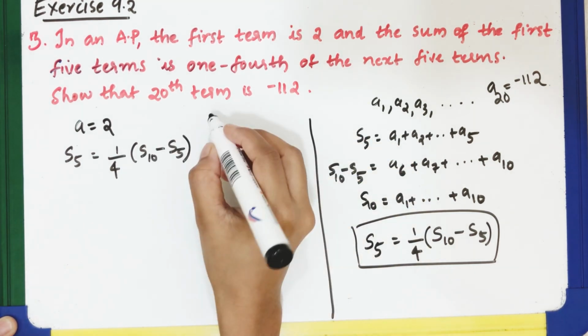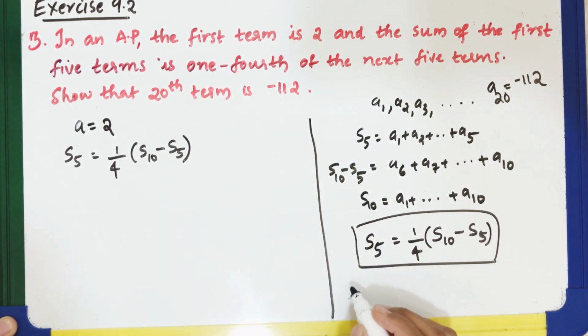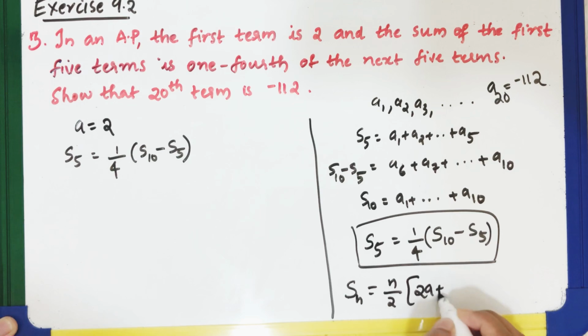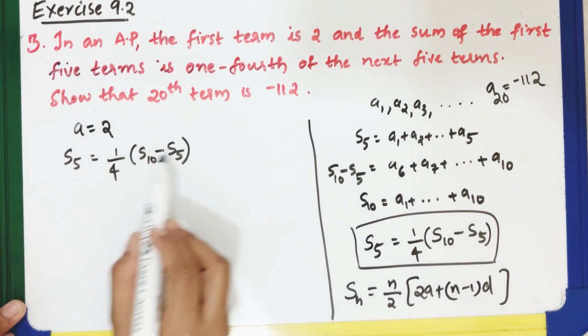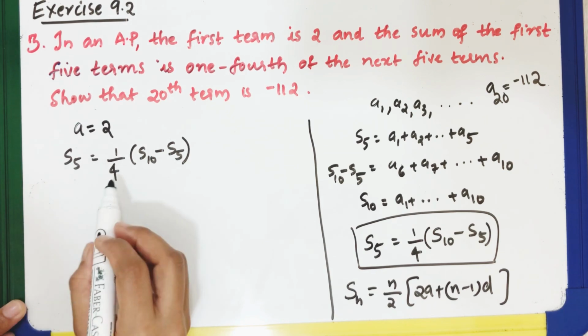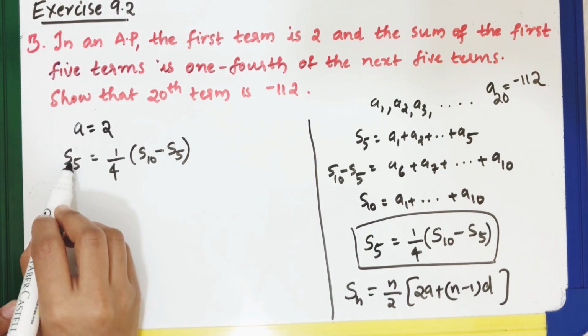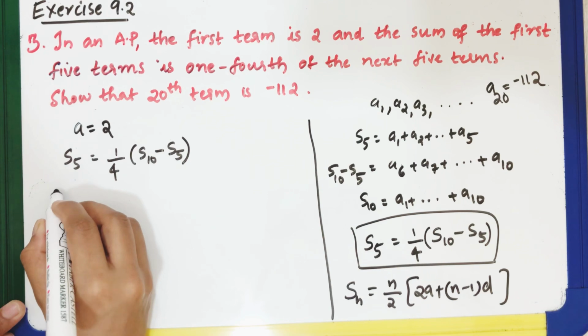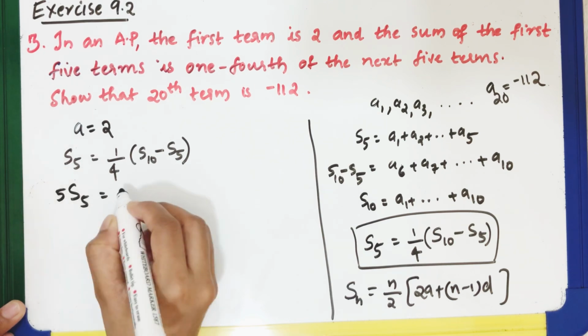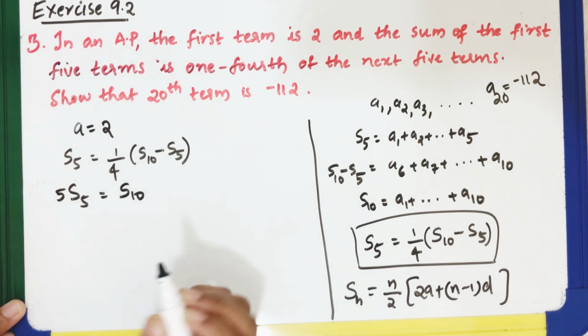What is the equation for the sum to n terms? Sn is equal to n by 2 into (2a plus (n minus 1) into d). Here take S5 together to this side. This will become 4 into S5 plus S5, that is 5S5 is equal to S10.